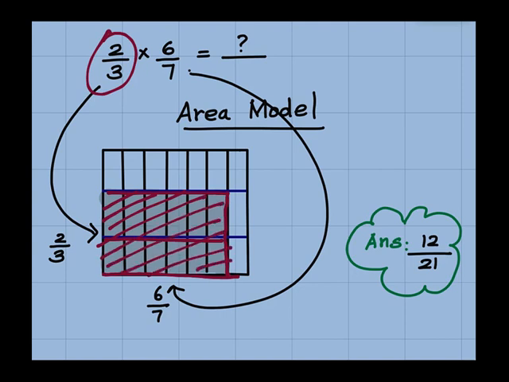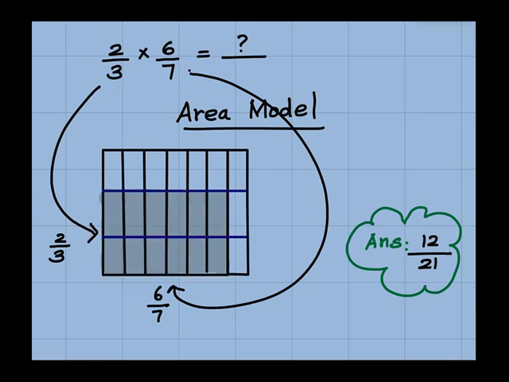That is 2/3. So this is 2/3. And this is 6 columns out of 7. So that is why we have shaded those parts. And this represents the question 2/3 times 6/7.